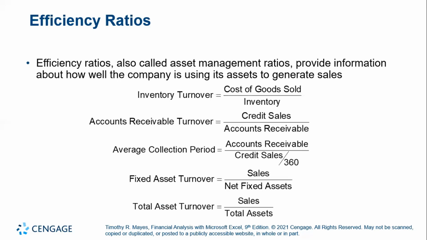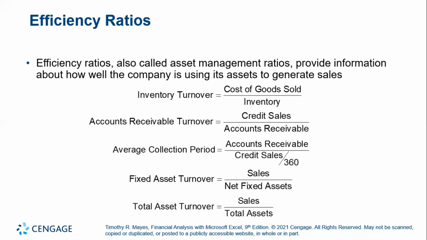Efficiency ratios, also called asset management ratios, provide information about how well the company is using its assets to generate sales. Inventory turnover is the cost of goods sold divided by inventory. Accounts receivable turnover equals credit sales divided by accounts receivable.